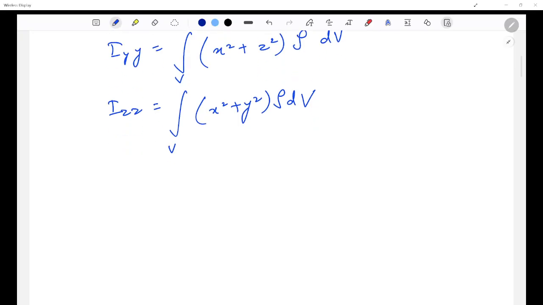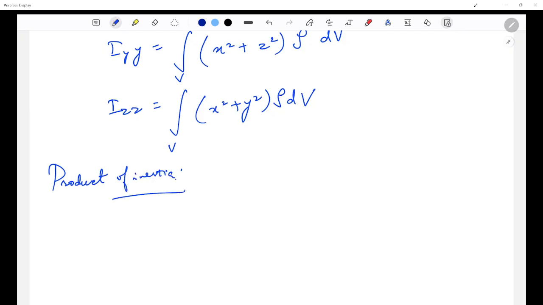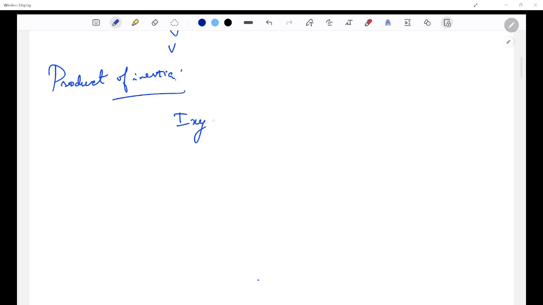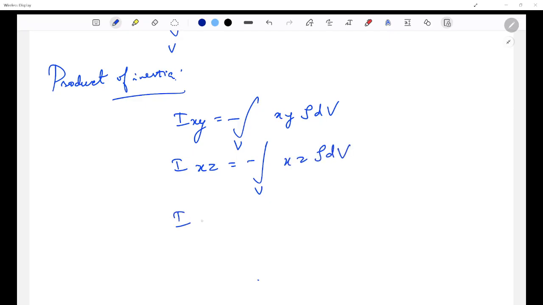Okay, and let's talk about the product of inertia. How do we define it? So your Ixy is the negative of the integral of xy rho dV, Ixz is the negative of the integral of xz rho dV, and Iyz is the negative of the integral of yz rho dV.